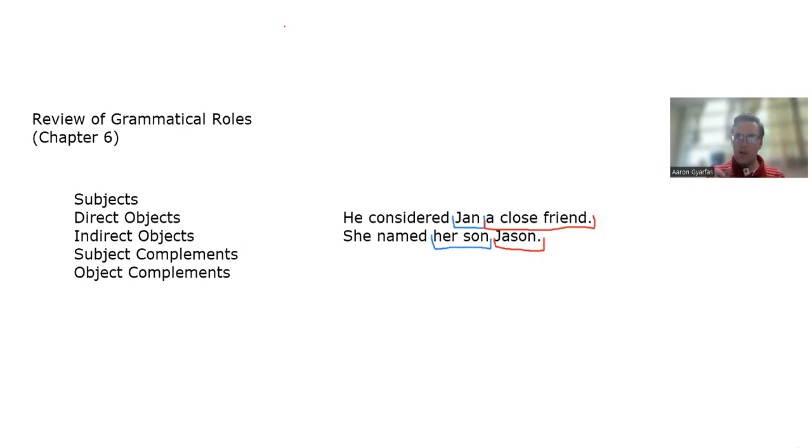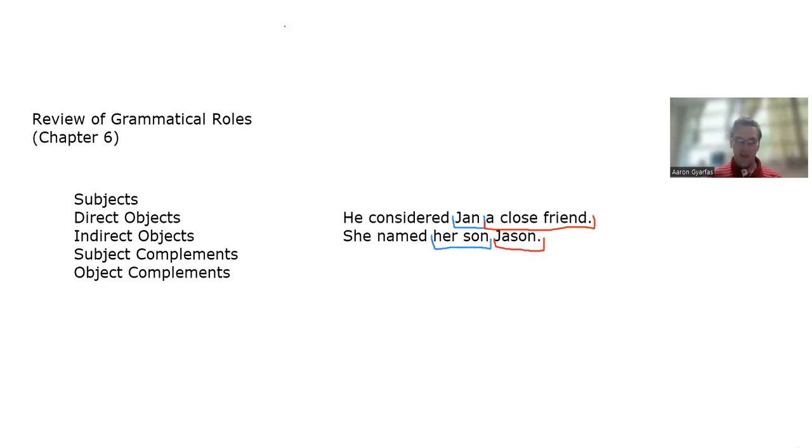Jan and the close friend are referring to the same person. Jan is the close friend. And in the second sentence, her son and Jason are again referring to the same person, the same entity. Her son is Jason. So these two noun phrases are completing each other. They are complements.